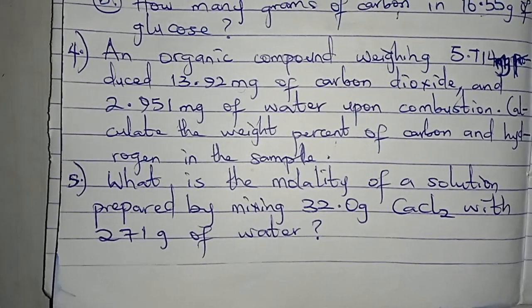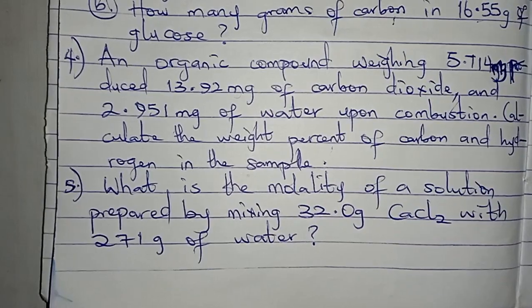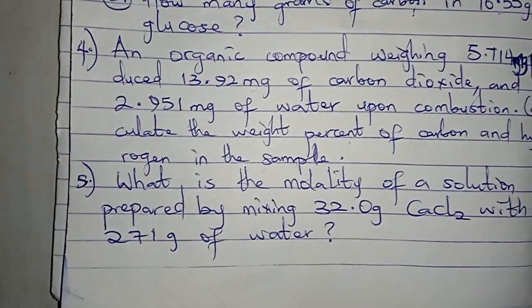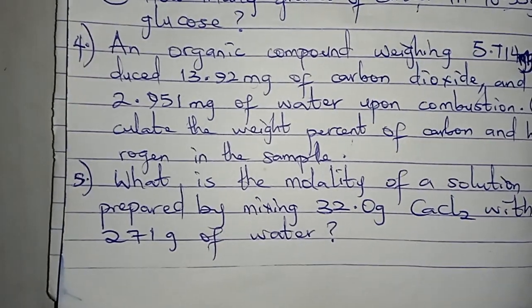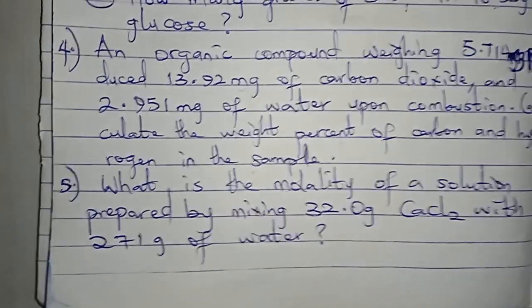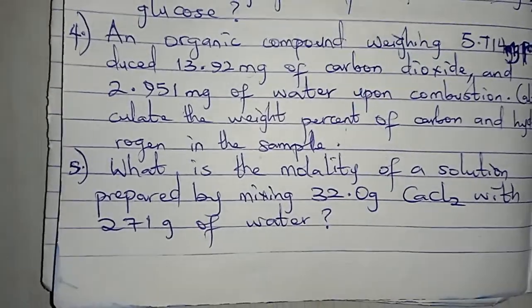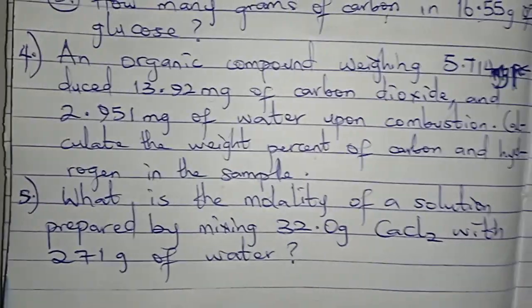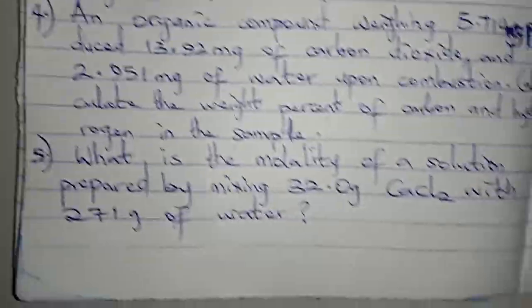It is another way of expressing concentration, and even the chemists consider it a proper way because it is comparing concentration in regards to mole and quantity of solvent. All right, and so for that reason, let's get to work.